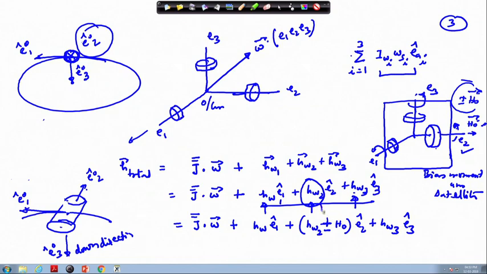So, this has been converted to this form, where this is the bias angular momentum. We will return back to this equation again.